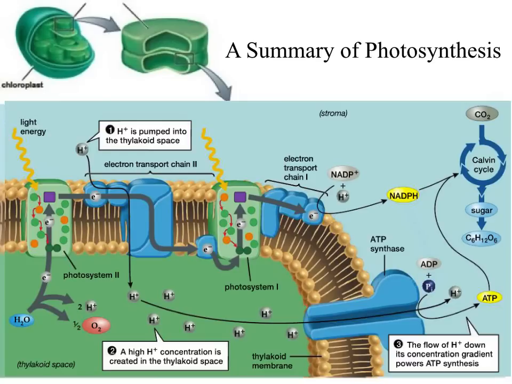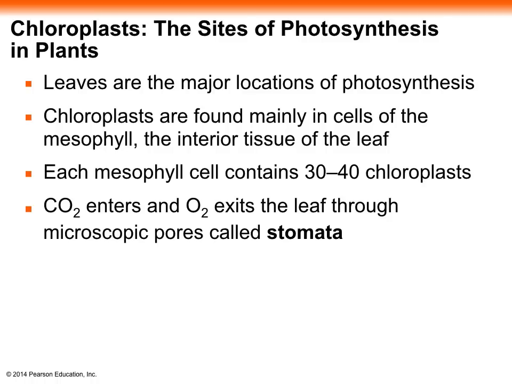But before we get into that, let's zoom out and talk about parts of leaves and so on. So leaves are the major locations of photosynthesis. Chloroplasts is the organelle in which all of photosynthesis takes place.